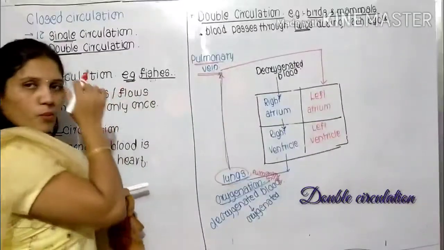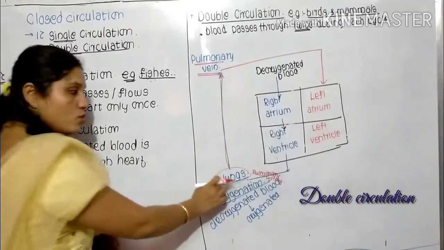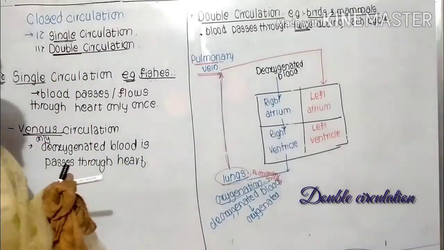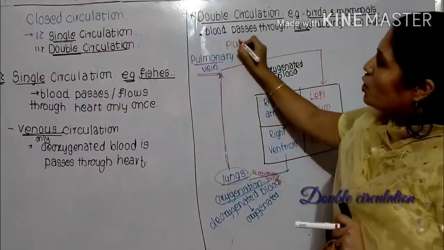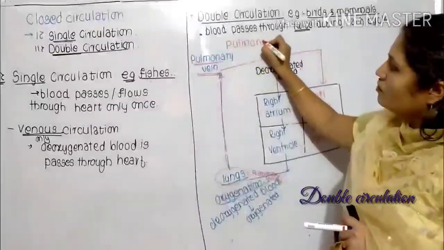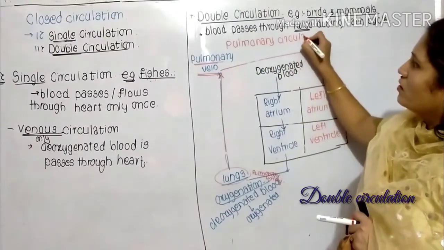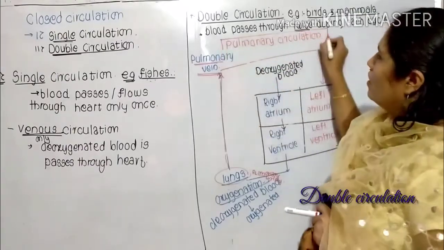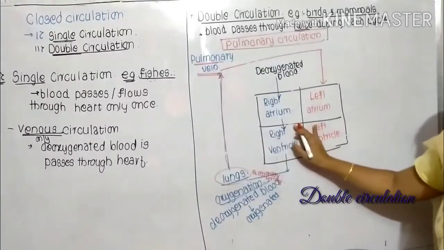So in this type of circulation, the blood passes through the lungs. Okay, this type of circulation is known as the pulmonary circulation. Now from the heart, the oxygenated blood enters.